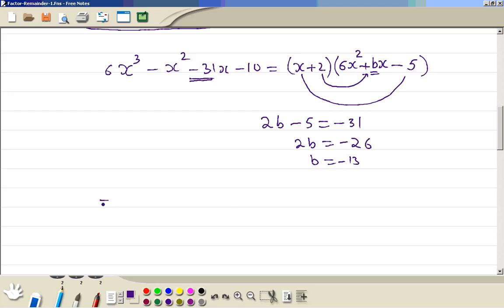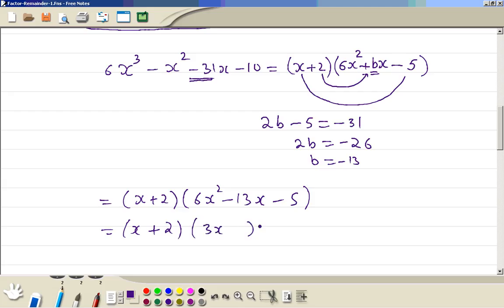So therefore, we got x plus 2, then the quadratic 6x squared minus 13x minus 5. Then you factorize. Plus 1 here, minus 5x.